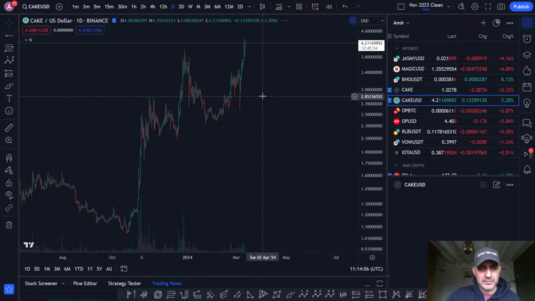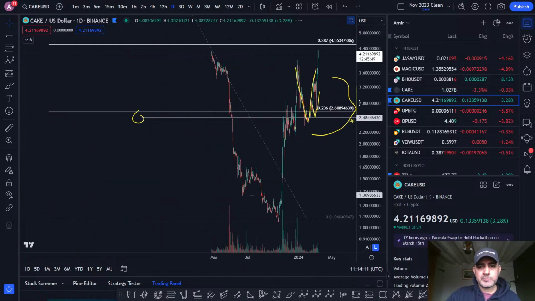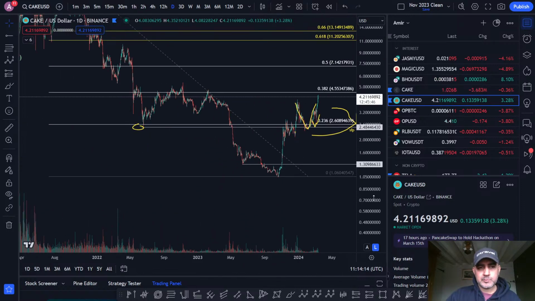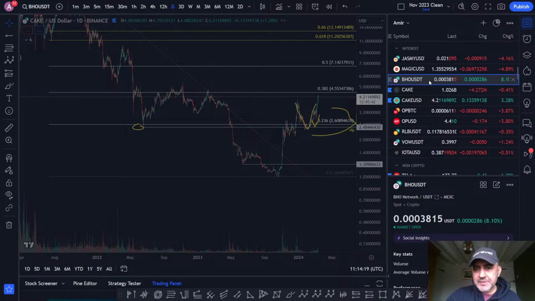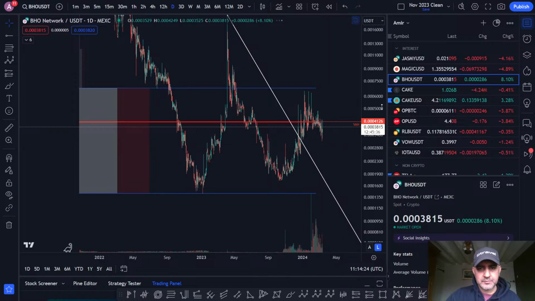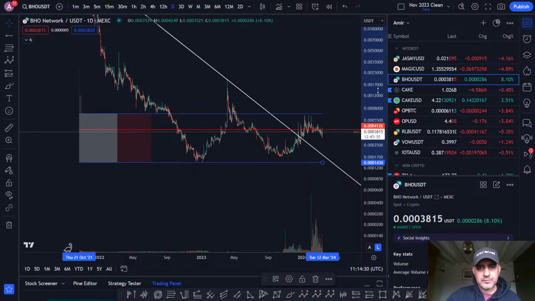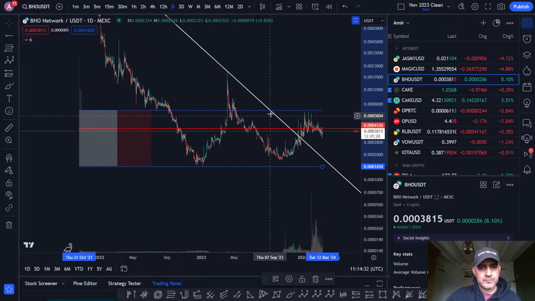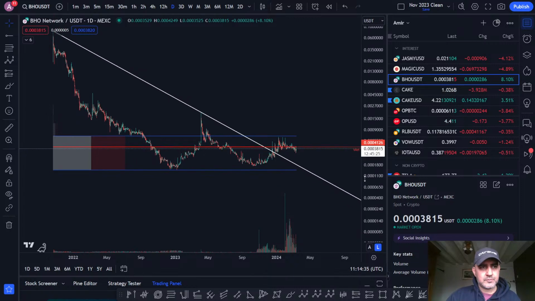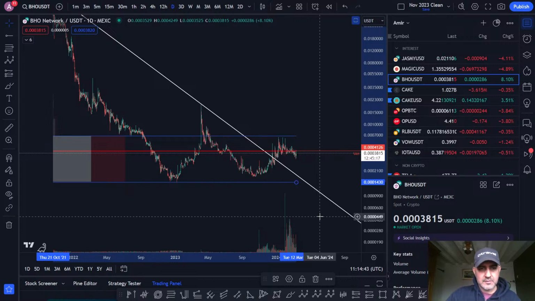Cake is looking really strong. It's a V shape.